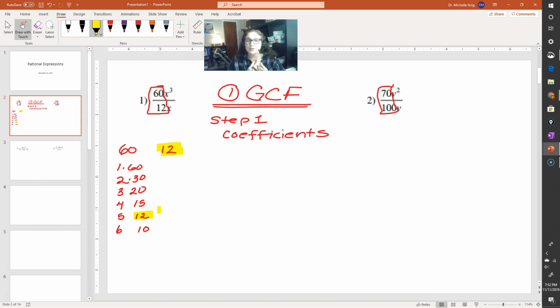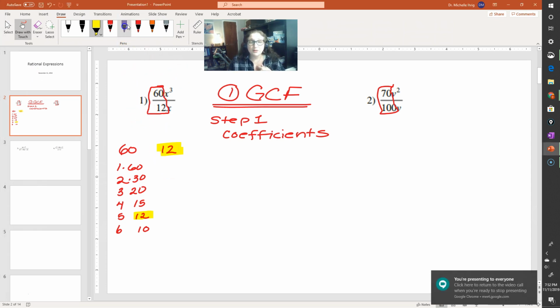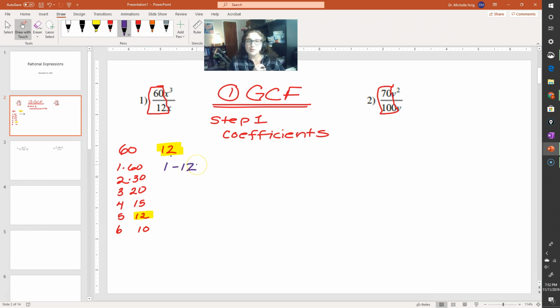Here's a tip that I do. I will sometimes break down my smallest number and then try to see what's the biggest of the smallest numbers. Here I did the reverse. I broke down the 60 to just remind you how to separate things out. But really, when I do this in real life, I look at my smallest number, in this case the 12, and I see how many times 1 goes into 12.